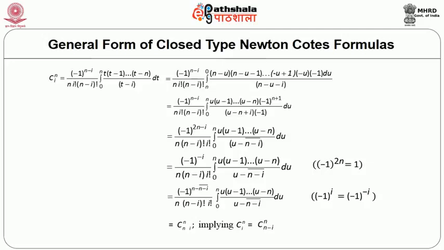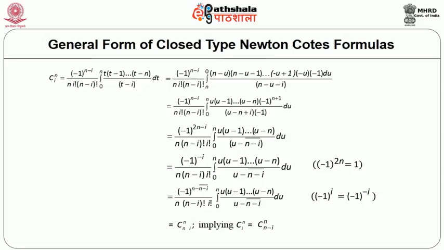Taking -1 common from each of the terms in the numerator and also -1 common from the denominator, we get (-1)^n outside, and inside the integral sign we get u(u-1)...(u-n) upon (u-(n-i)) du.